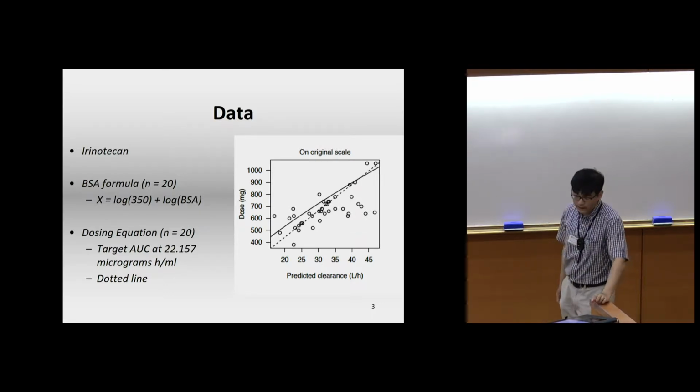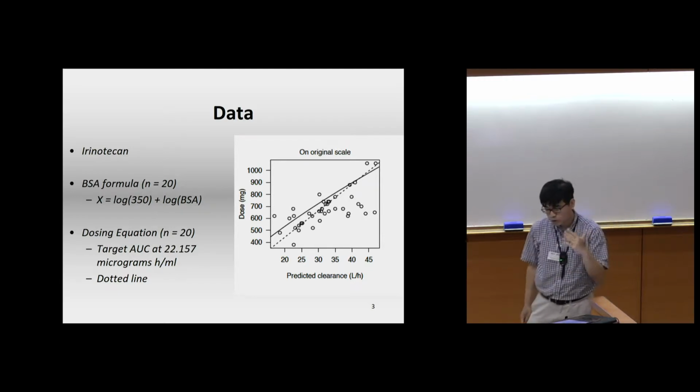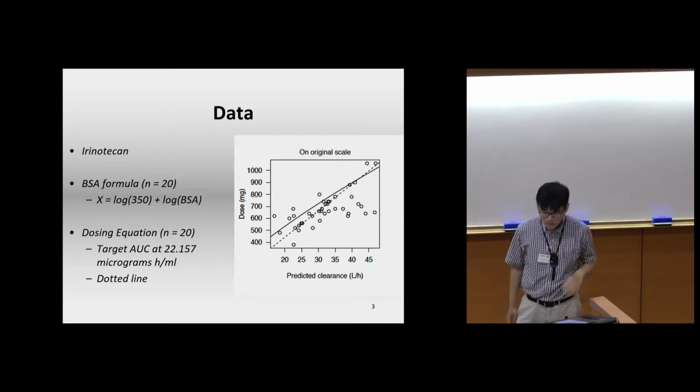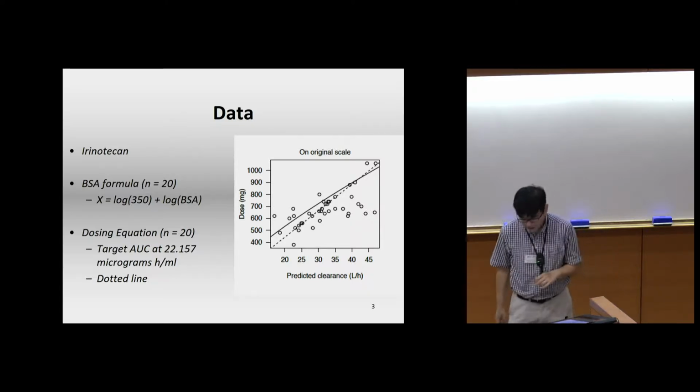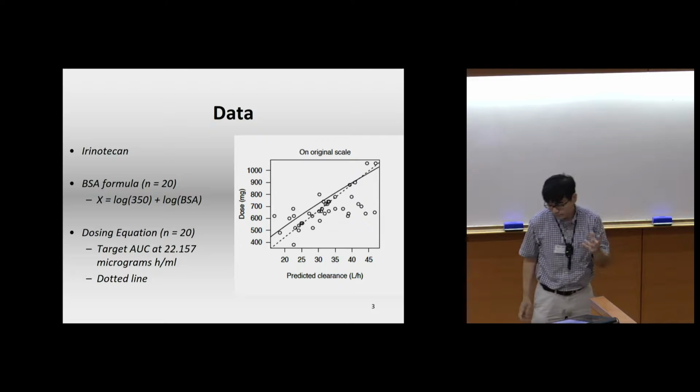We see that, well, the solid line itself is an estimate based on 40 data points. But if we treat this as the true dosing algorithm, we noticed that most patients in the trial were underdosed. So this is one of the motivations for early dose finding: to try to treat as many patients as possible at the true dose, so to speak.